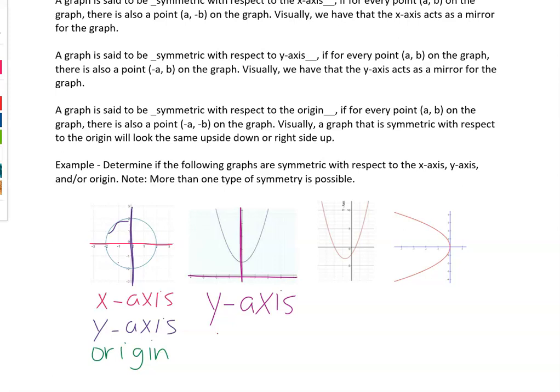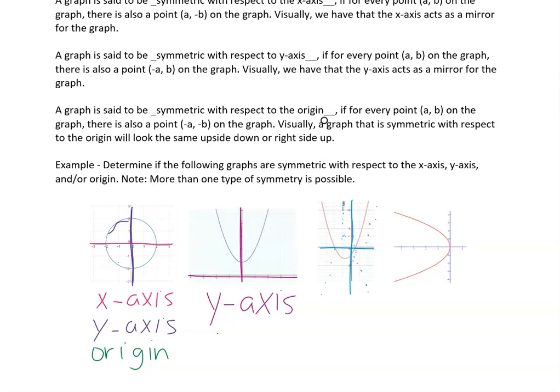In our next example, we start by thinking about if we were to fold it there, would these two halves match up? And clearly you can see they would not, because it would look like this, and that is not a mirror image, so it is not symmetric with respect to the x-axis. If we were to fold it on the y-axis, well, again, this piece would be over here and this piece would be way over there, so they would not match up.